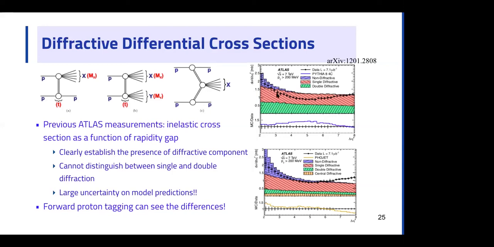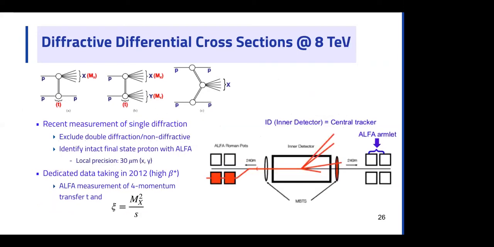Therefore, if we really want to understand what is happening here, we need to tag these forward protons to distinguish these components. We have done that already at 8 TeV. The measurement consists in identifying a proton in ALFA and looking for activity in the other side of the detector, as we see in this sketch, okay?